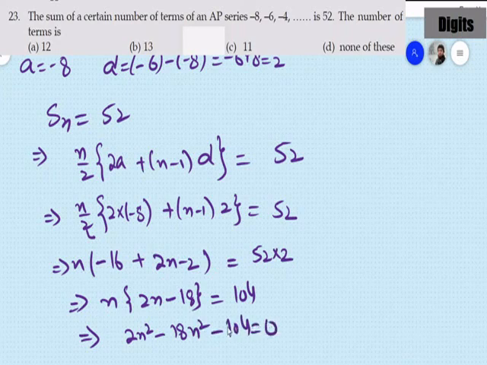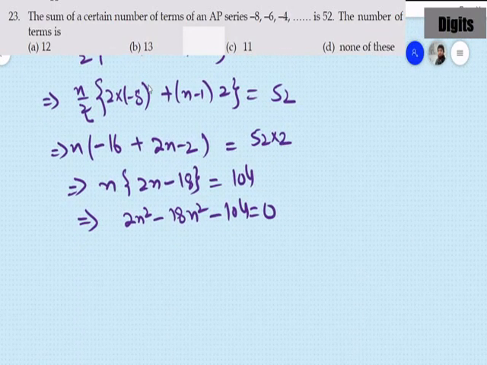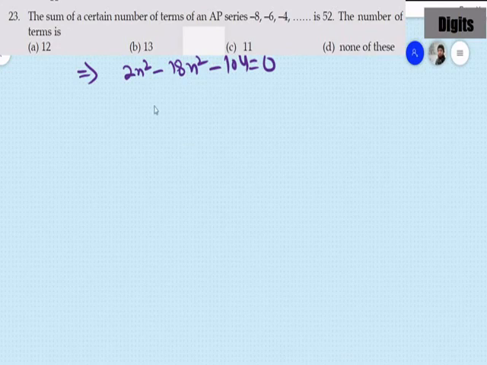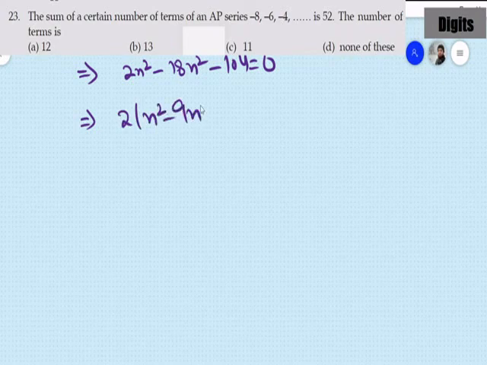Now this is the quadratic equation. We know to solve the quadratic equation there is a method to solve these types of equations. So it will be like that. First I will take common 2, n square minus 9n minus 52 equal to 0.